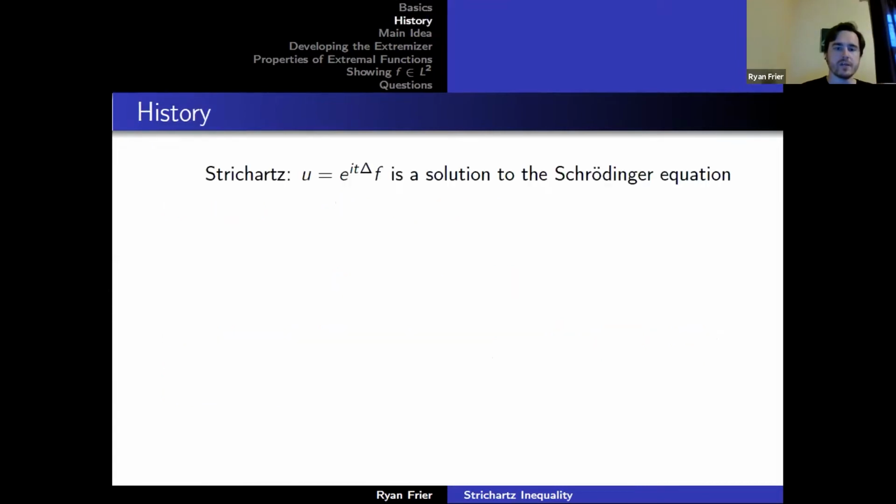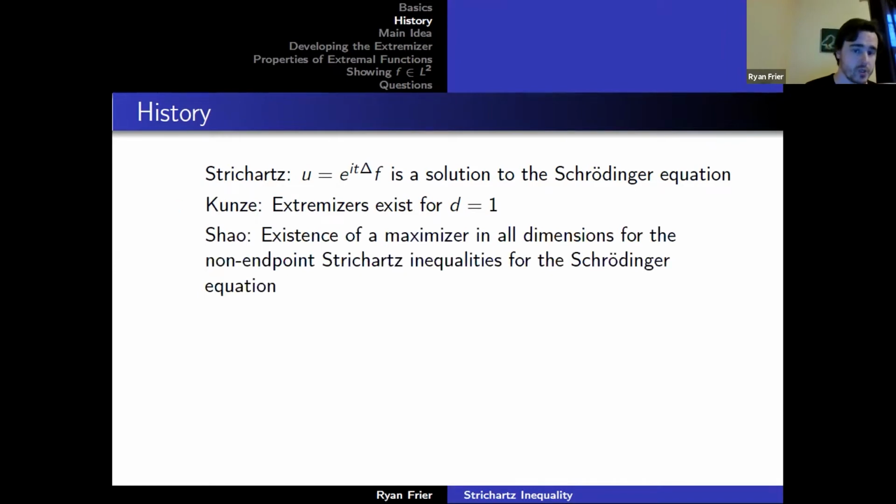But so the history of this, so Strichartz in 1977 showed that e to the itΔ f is a solution to the Schrodinger's equation, where f is your initial condition. Kunze showed that extremisers do exist for dimension d equals 1. Xuanglun Xiao showed the existence of a maximizer in all dimensions for non-endpoint Strichartz inequalities for the Schrodinger equation.